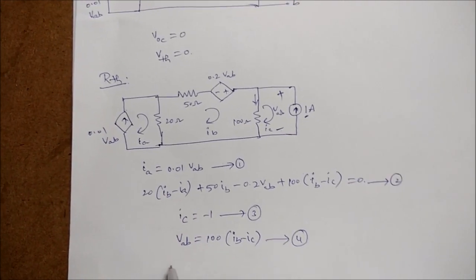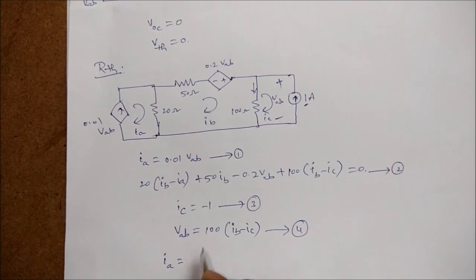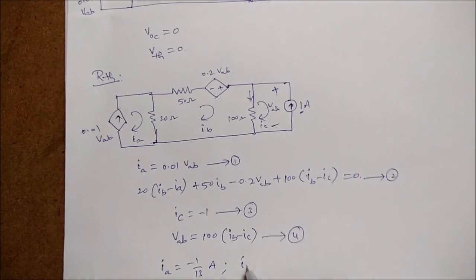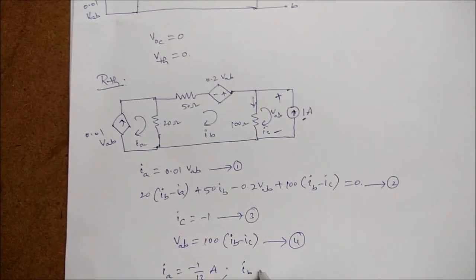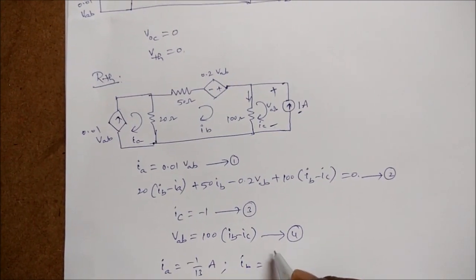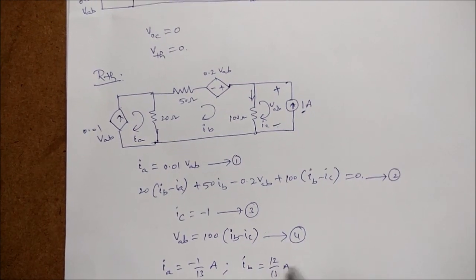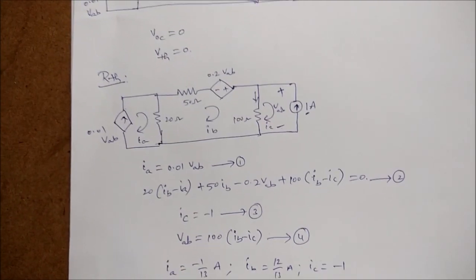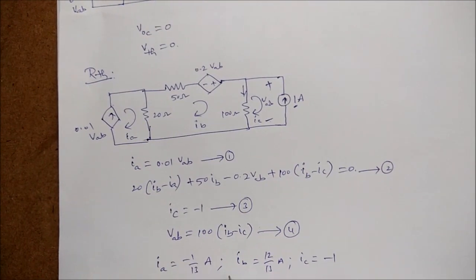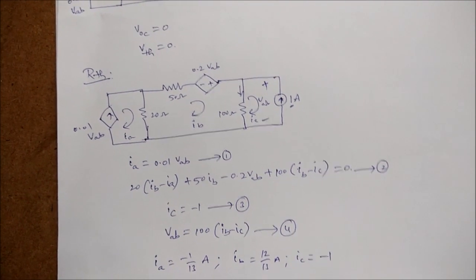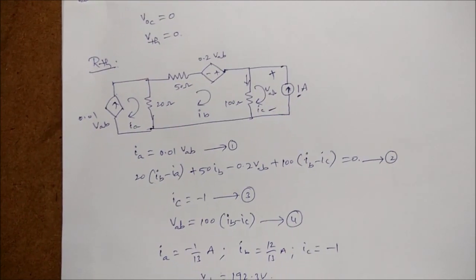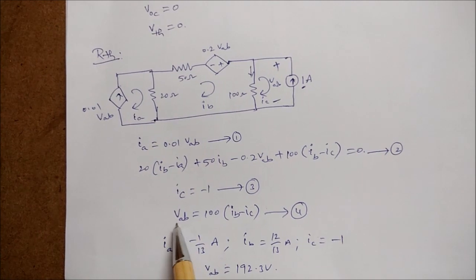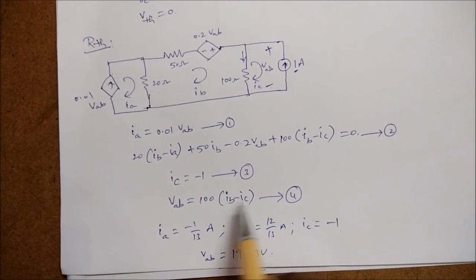If you solve all the 4 equations, you will get IA is equal to minus 1 by 13 amperes. Please solve these equations. IB is equal to 12 by 13 amperes, and IC we already got as minus 1. After getting IA, IB, IC, you can solve VAB is equal to 100 into (IB minus IC).